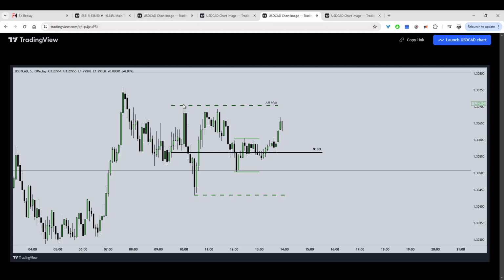So in the first example, price is opening at 9:30, and our lunch range is in this green area here. Price works through 9:30, and the question we have is, will this PM session be an up close, or will this PM session be a down close?